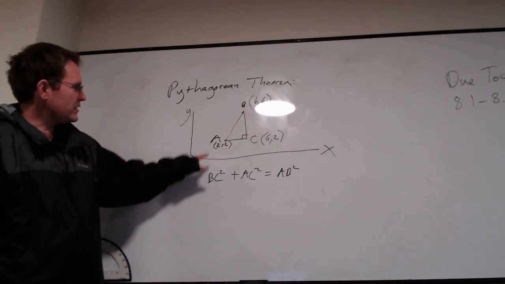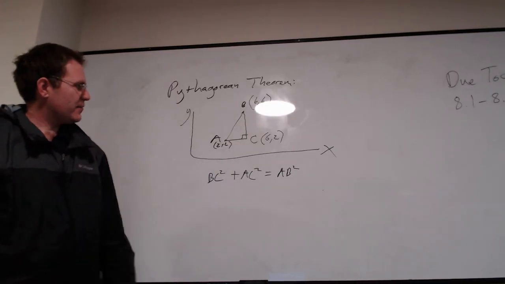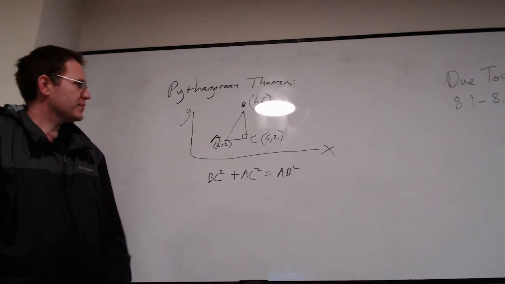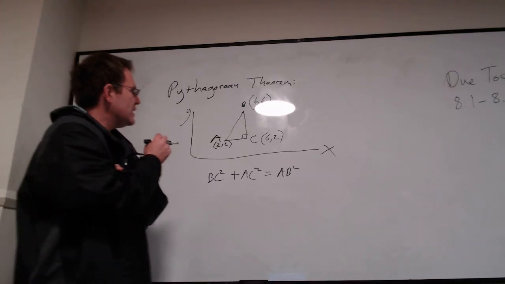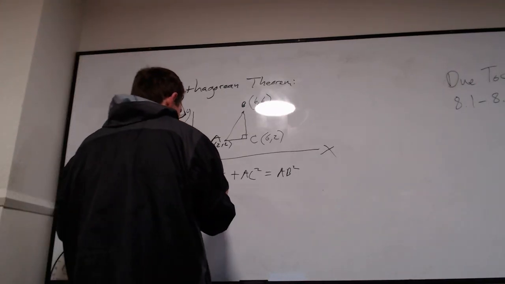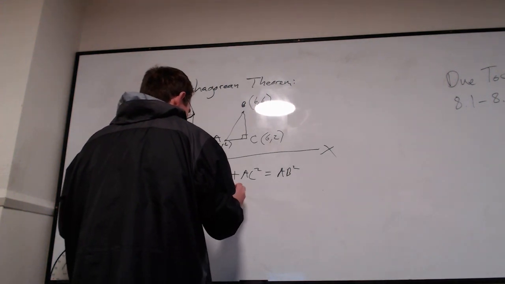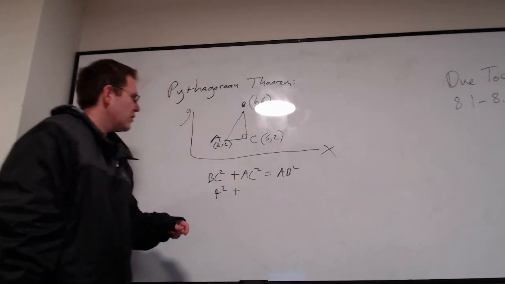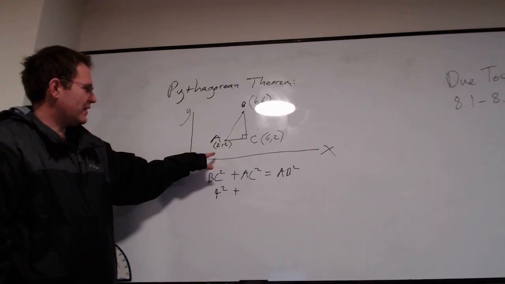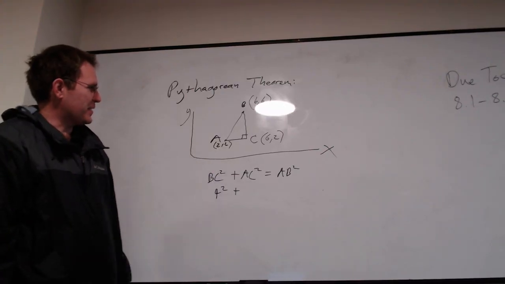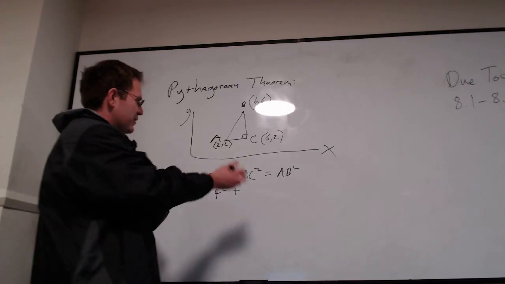Okay, so what's the length of BC here? 4. Yep, exactly. So we've got 4 squared plus, what's the length of this one here? It's also 4, right?